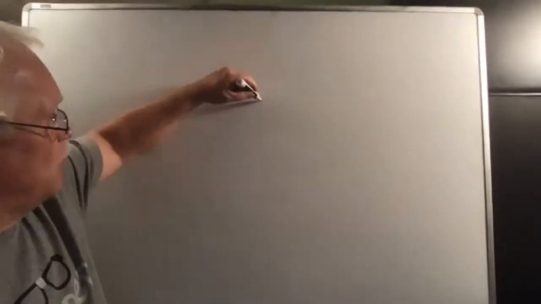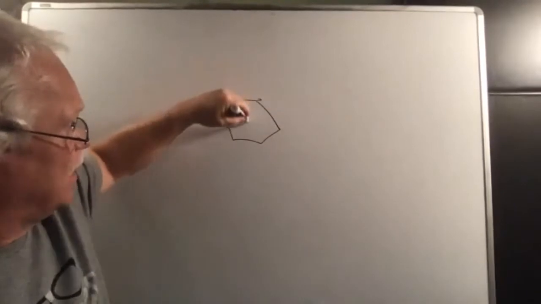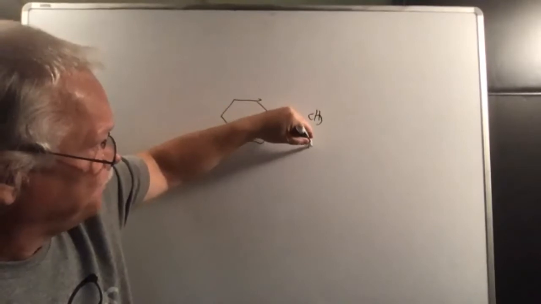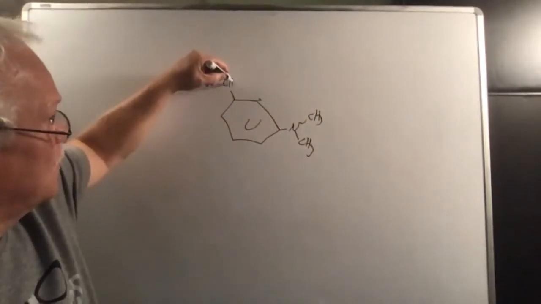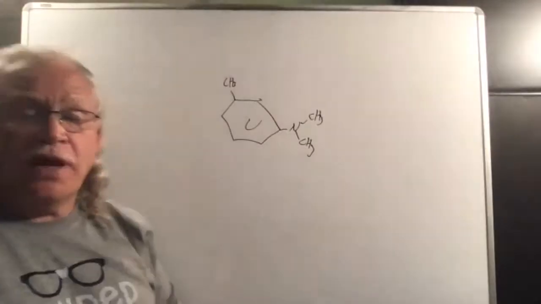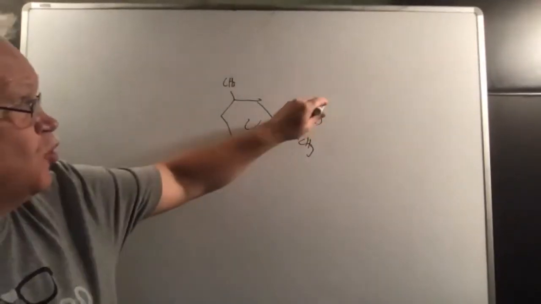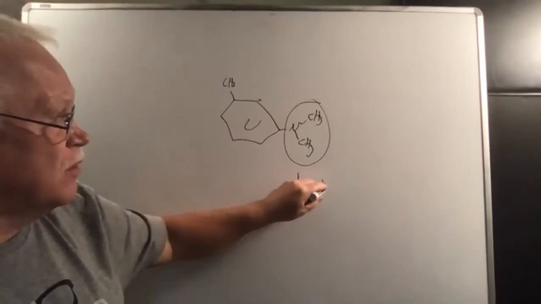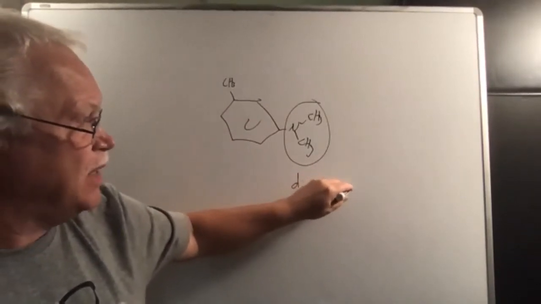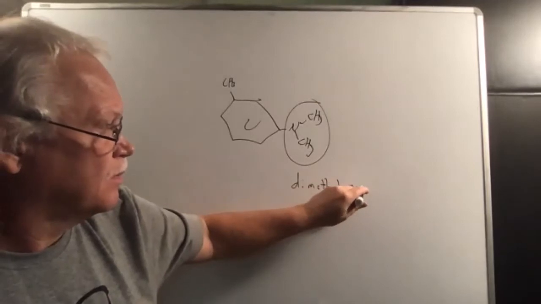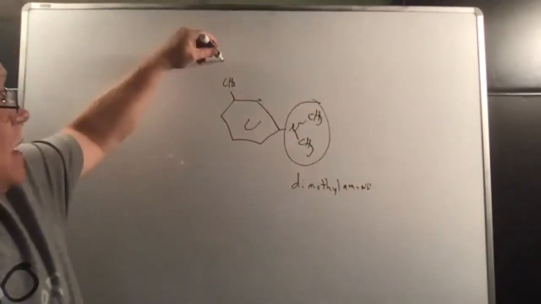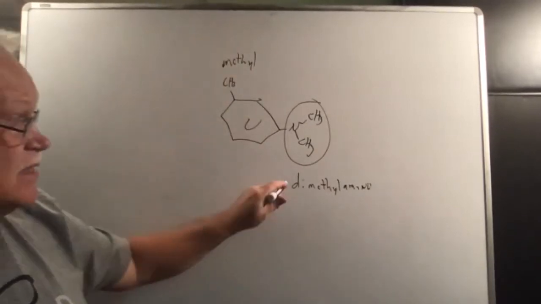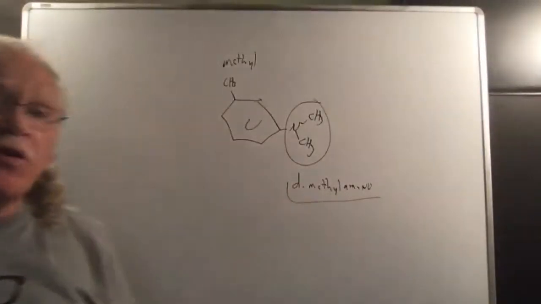Let me go and put that one back on the board just before we leave this. How else could you have named this? You could have named this as the dimethylamino group, and then this would be the methyl group. Now in this case, the di part is part of the name of the group.